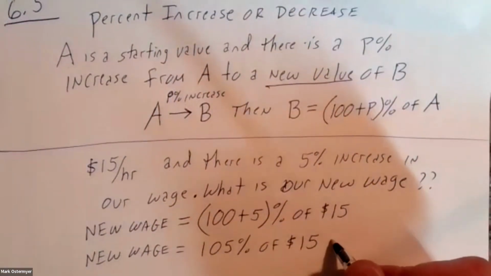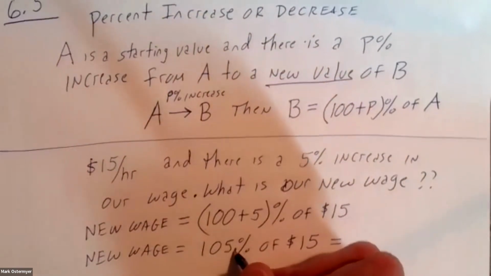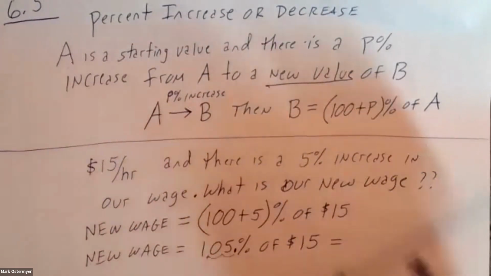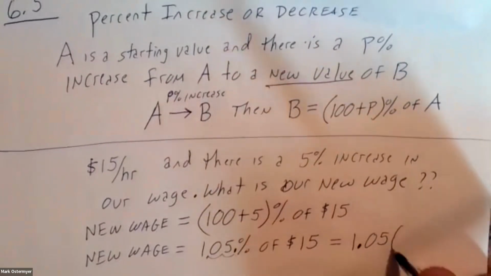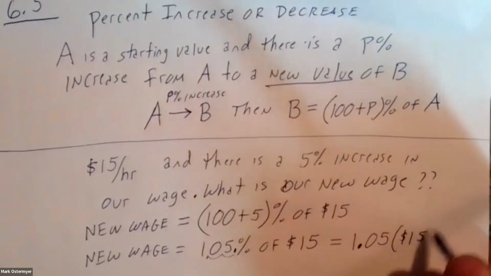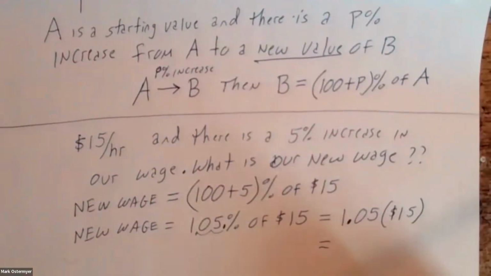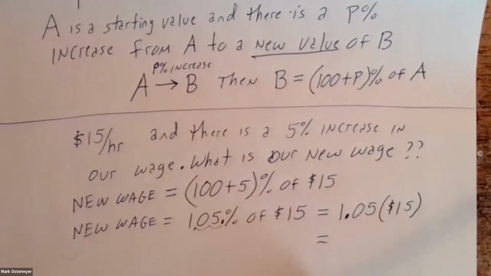Now, how do we take 105% of 15? We change the percent to a decimal by shifting the decimal point 2 places to the left, dropping the percent symbol. So our new wage is going to be 1.05 times $15 per hour. You got a calculator? What is 1.05 times $15 per hour? Go ahead and dial it up with your calculator.